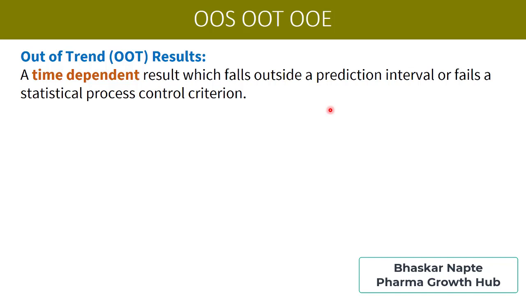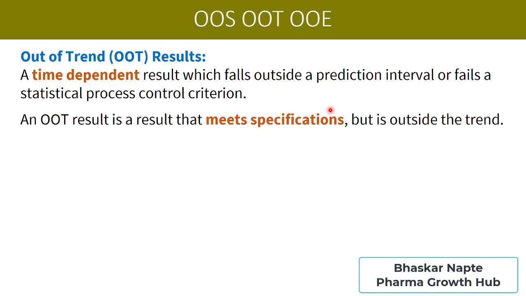And for some reason, if the results are not within your prediction window, like a trend that you are expecting to be followed for impurities, for dissolution, for assay, but for some reason, the result for assay or dissolution or impurity for X time point, maybe the ninth month time point, is not following the trend, maybe decreasing in the assay values, maybe increase in the impurity values.